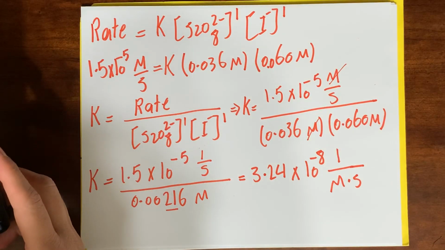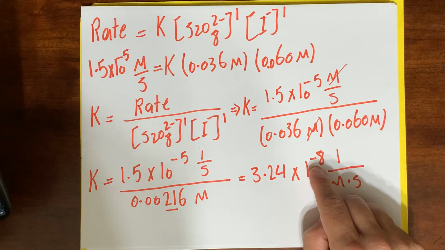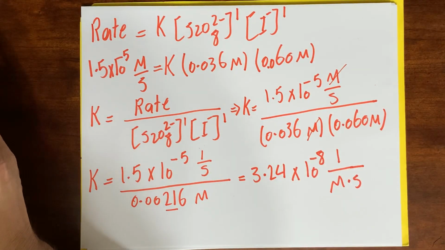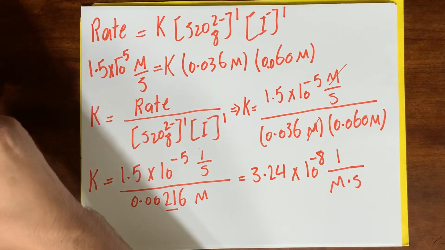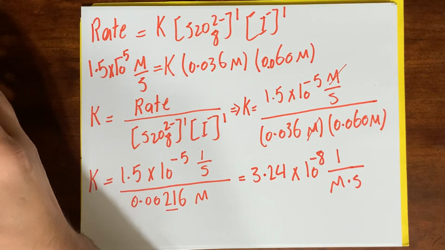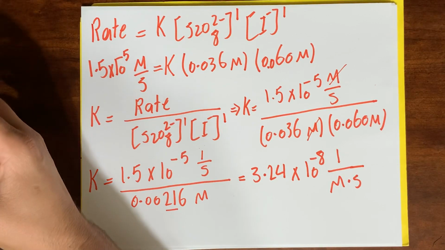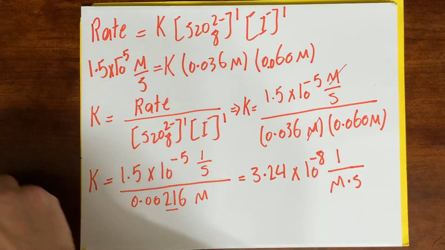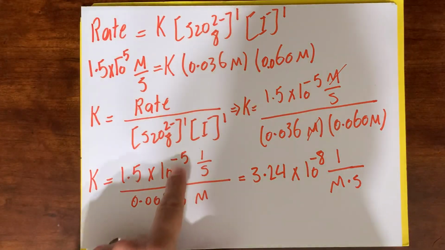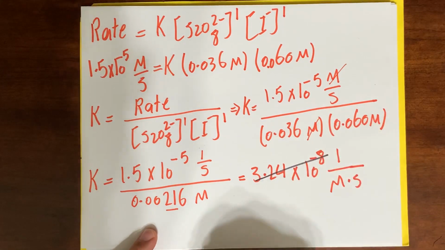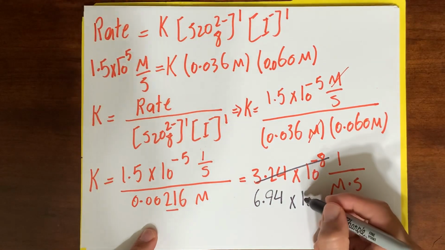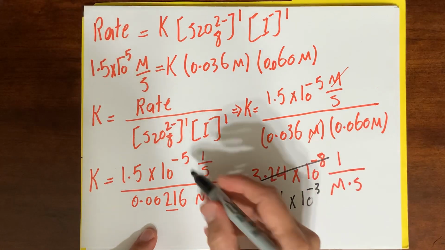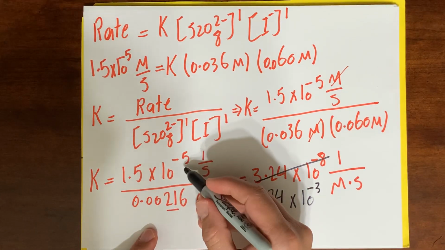This number is wrong. Sorry about that. It is 6.94 multiply 10 to the power of minus 3, because at least 2 of them will be cancelled by the zeros. So it can be 8.